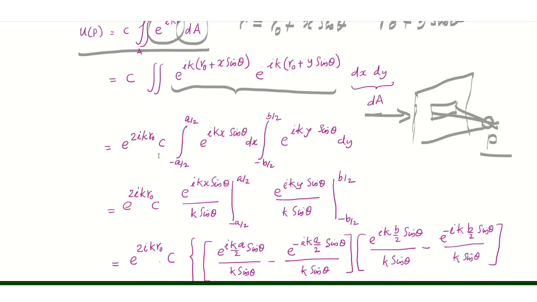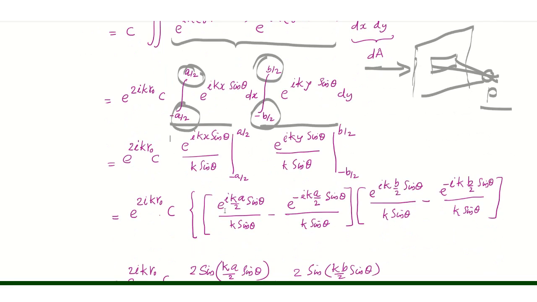The derivation is exactly the same as what we have done last time. I'm not going to explain it a lot. It is two integrals, e to the power iky sine theta and e to the power ikx sine theta, integrated over the limits.